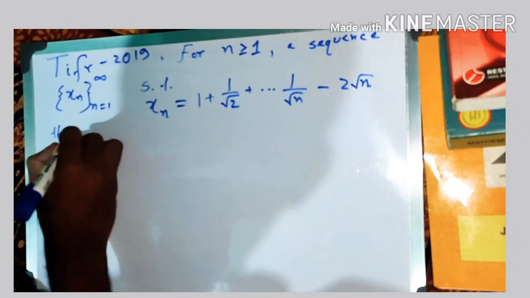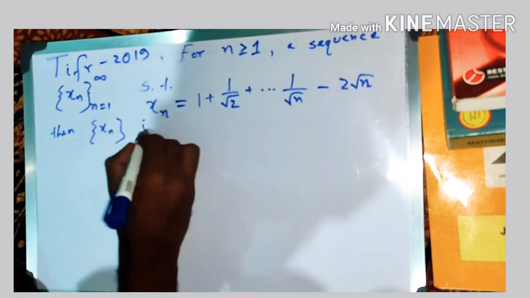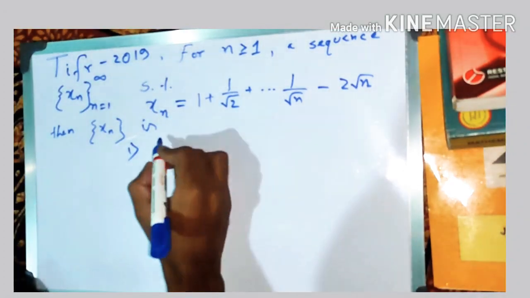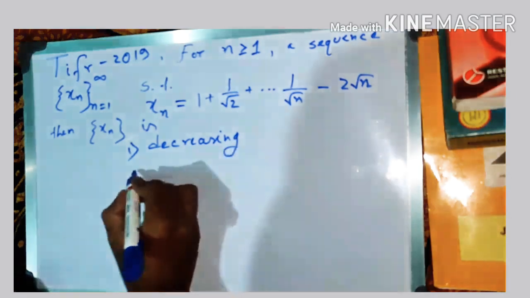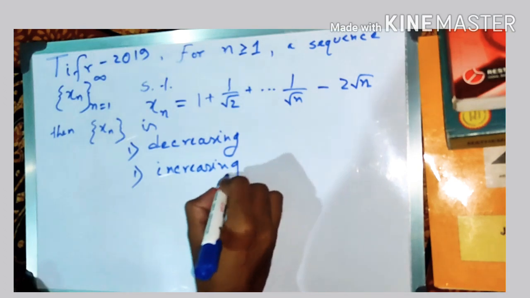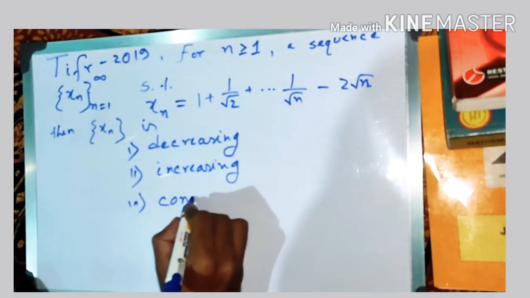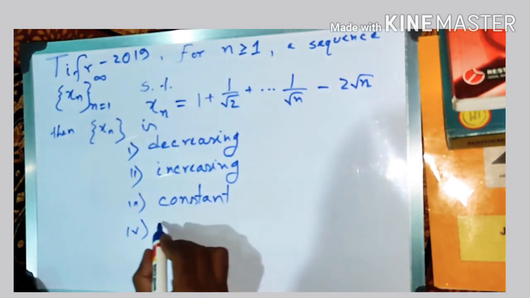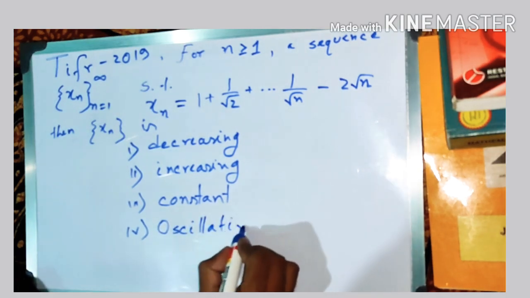Then xn is: the options are decreasing, increasing, constant, oscillating.